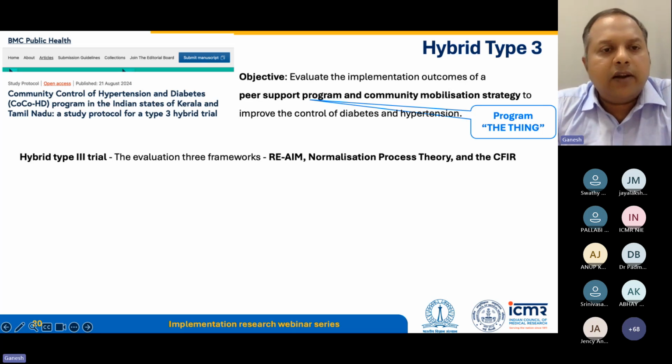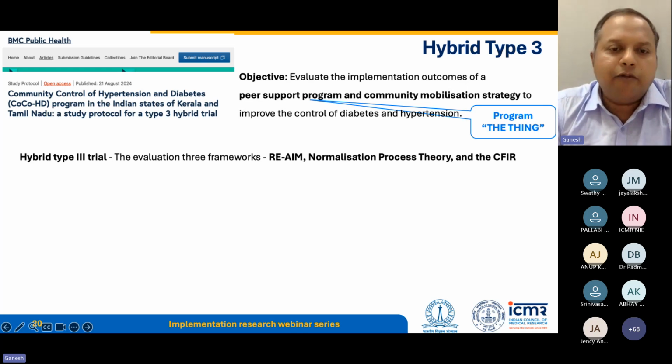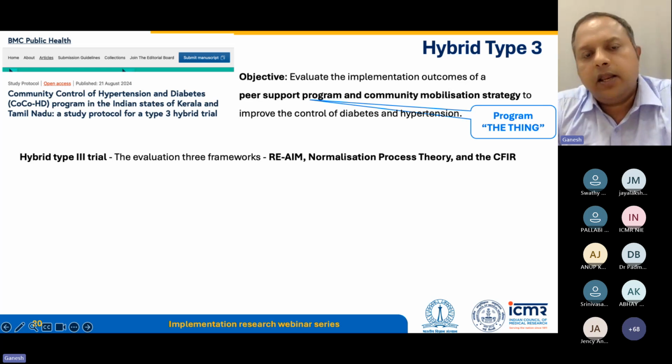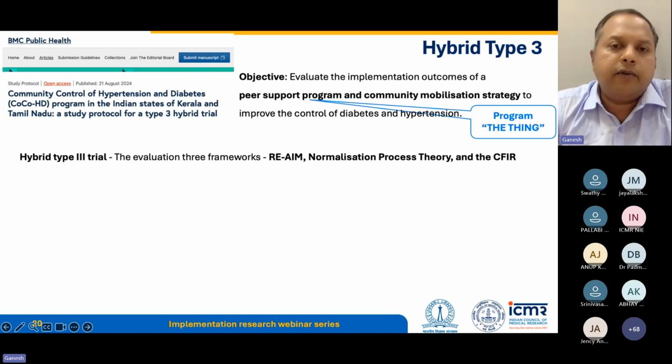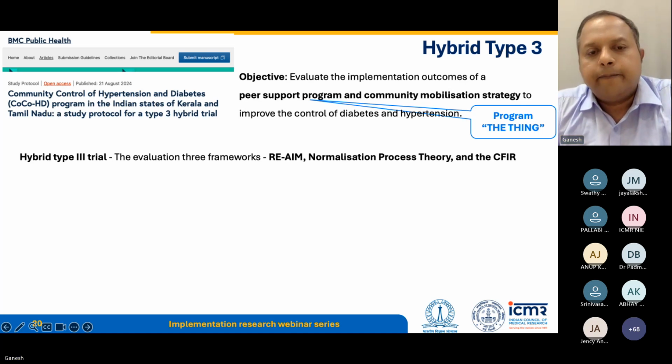We are using three evaluation frameworks in order to evaluate the implementation outcomes at different stages: the RE-AIM framework, normalization process theory, and the consolidated framework for implementation research. One such implementation strategy and outcome is what I am going to discuss here for the hybrid type 3.